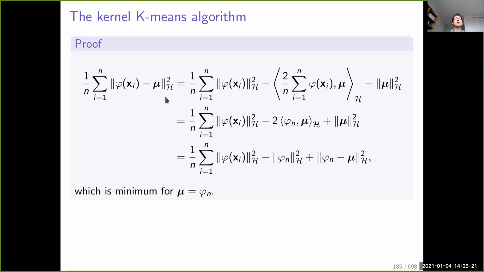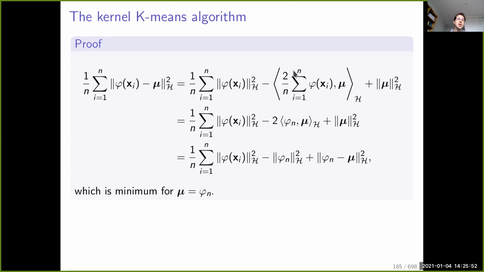We know that because we have this norm and the corresponding inner product, we can simply expand these quadratic functions such that we get here a sum of the norms of the phi of xi that are independent of mu. On the right, we have the squared norm of mu. In the middle, we have the cross inner products between the phi of xi and mu. And we use here the bilinearity of the inner product to put the sum inside these terms here.